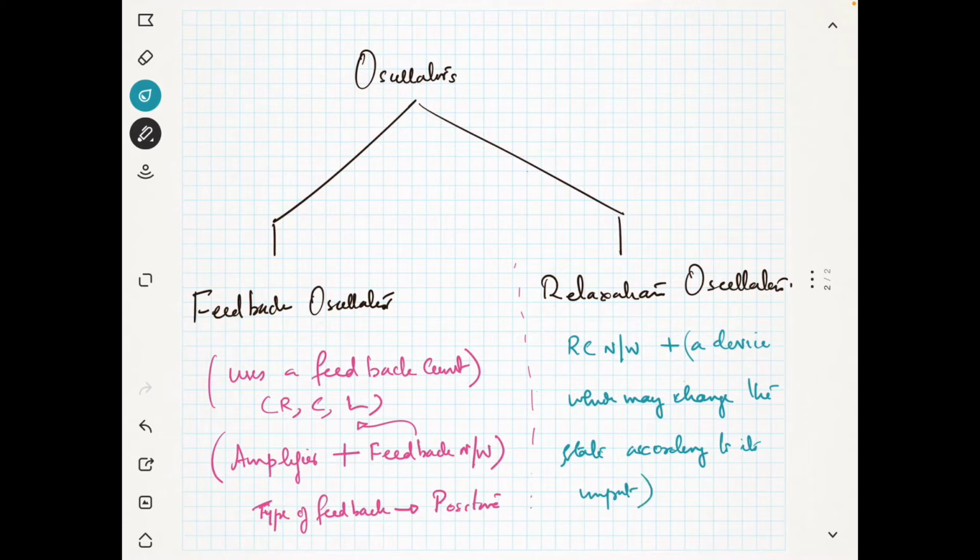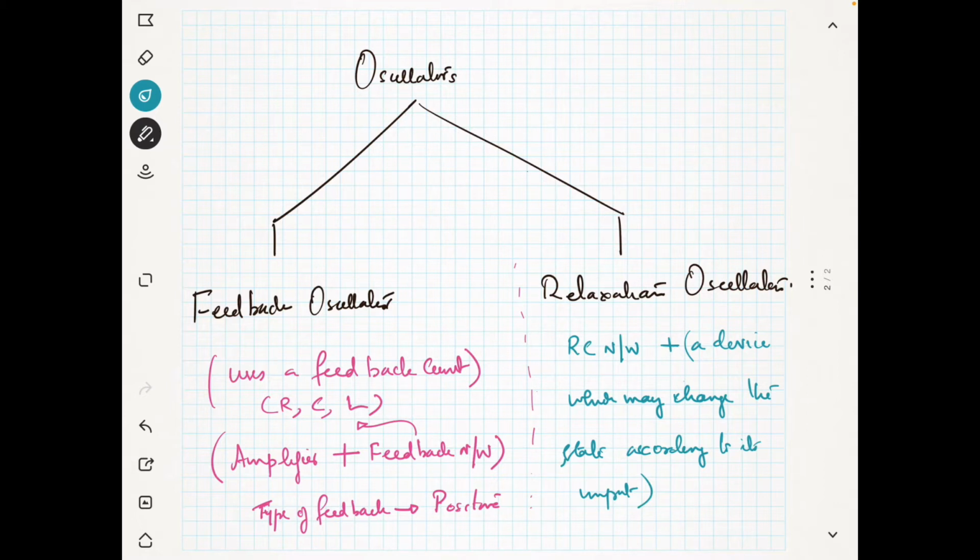For example, a comparator will change its state according to the reference voltage that you are giving. So you may have a comparator and an RC network, and you connect them together in a special configuration, and according to the voltage across the capacitor in the RC network, the comparator will change its state. This kind of arrangement is used in a relaxation oscillator.